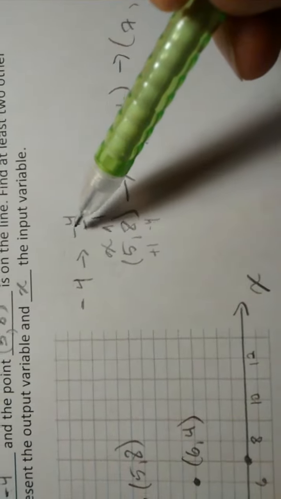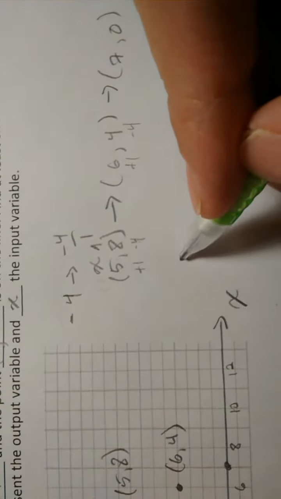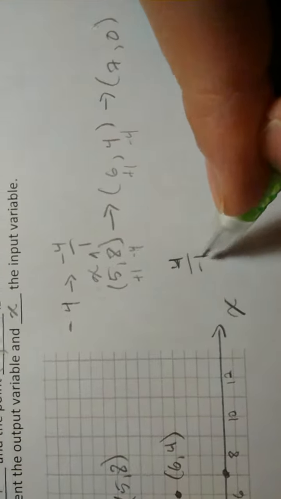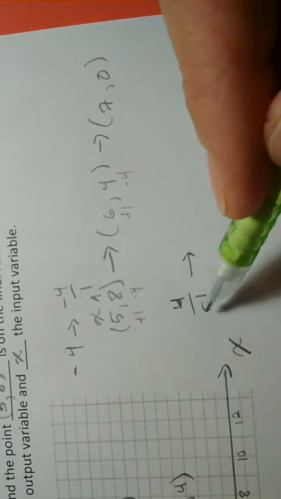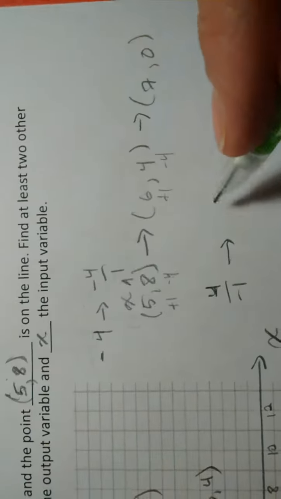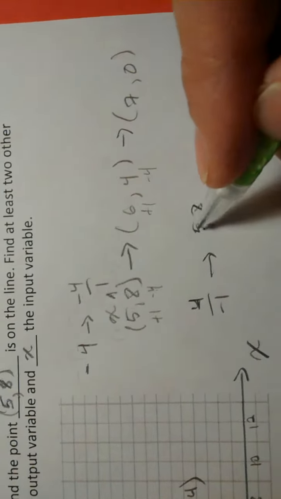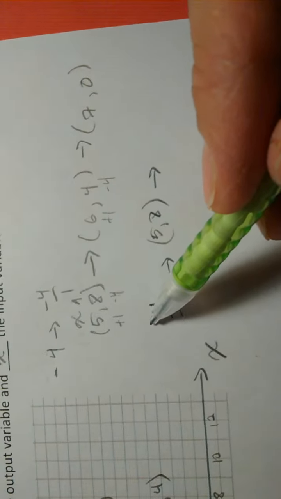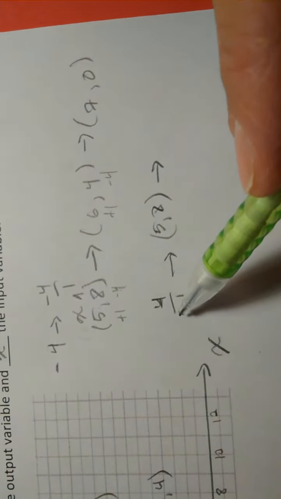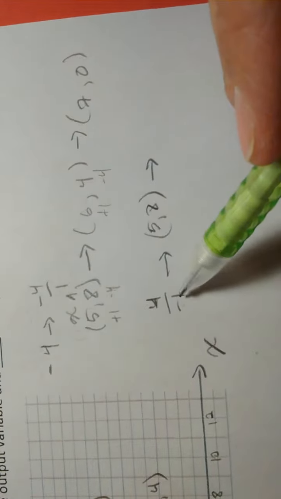So we could go the other way. I don't have to think of this as -4 over 1. I can also think of this as just 4 over -1. That will work too, and I'll show you why. These have the same numerical values, by the way. So if we start with (5, 8) and say that the output will increase by 4 as we decrease the input by 1.